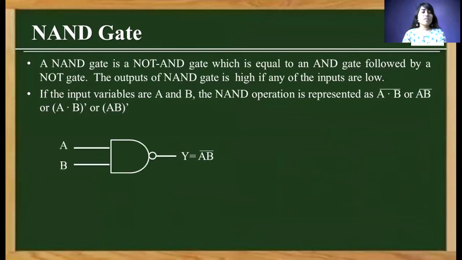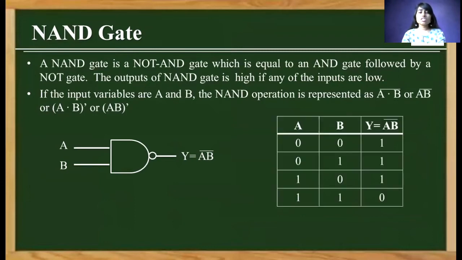Here is the graphical representation of NAND gate: A, B, two inputs and one output AB dash. Here purple indicates NOT operation. Characteristic of NAND gate: whenever we have the same input 1 1 for both the inputs, our output becomes 0.